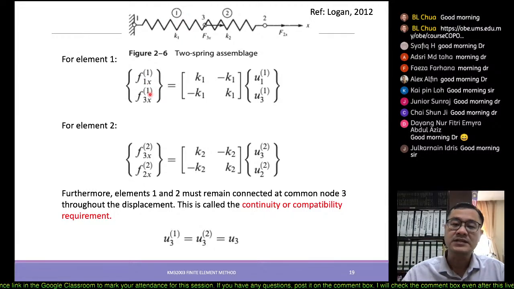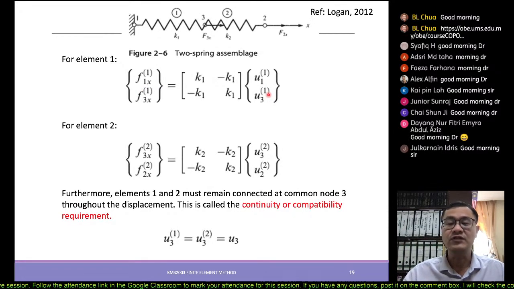Same thing at this point, we put F3x acting on element number one. So same thing here, we put number one so that we would know where the contribution is towards the total stiffness matrix or equations later on.